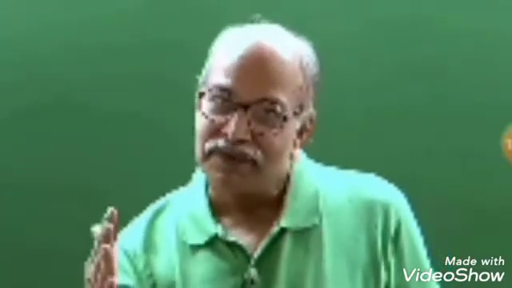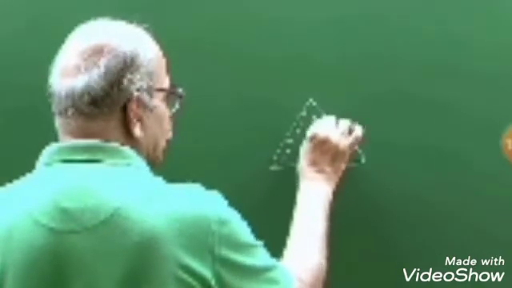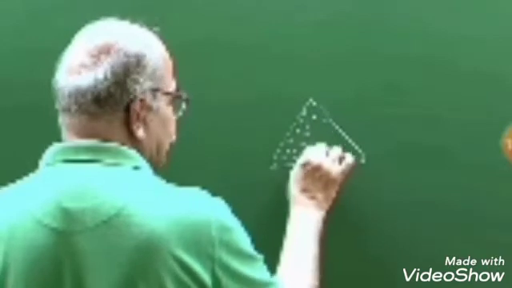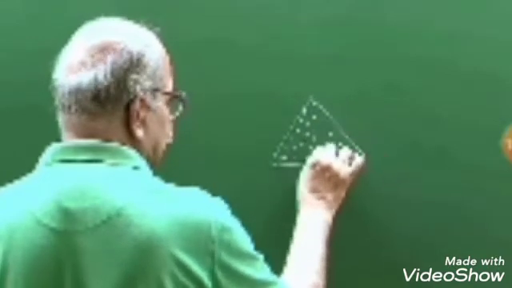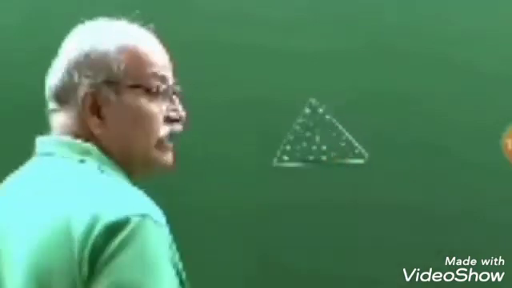Now if the screen is close, all these circles are small circles. Suppose your opening is triangular. So these are the points, you take these as the points. This is all triangular.